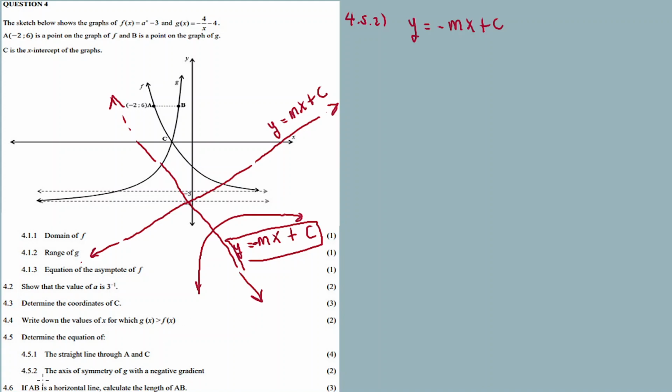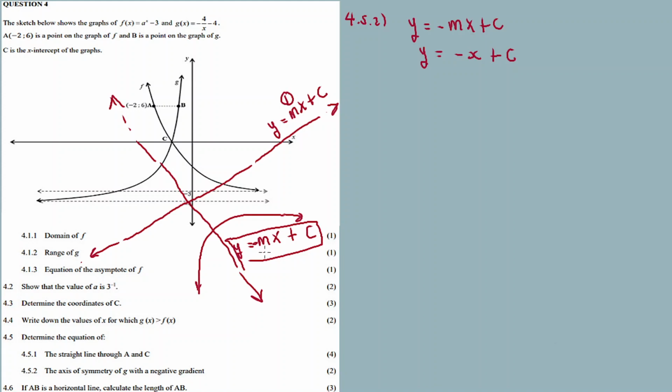Okay. Axis of symmetry of G with a negative gradient. So here it's going to be y equals minus x plus c. You see these gradients, these axes of symmetry always have a gradient equal to 1.